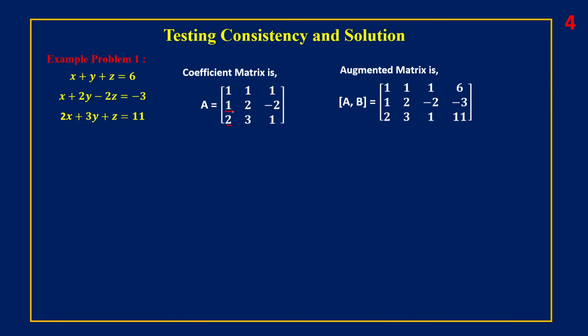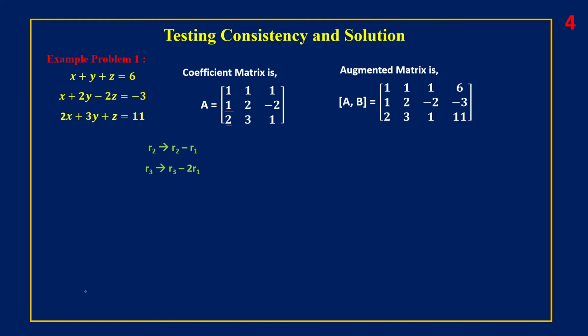To make this element 0, row 2 should be transformed to row 2 minus row 1, and to make this one 0, row 3 should be transformed to row 3 minus 2 times row 1. So we can put the steps like that.